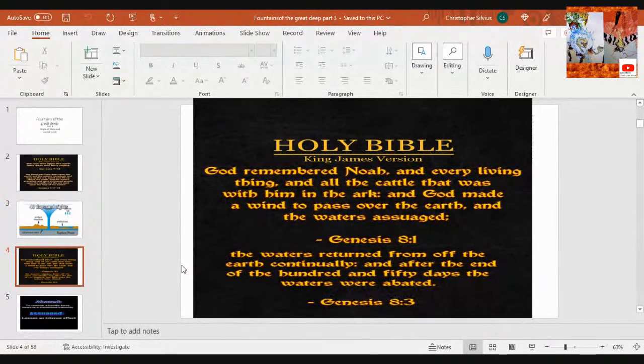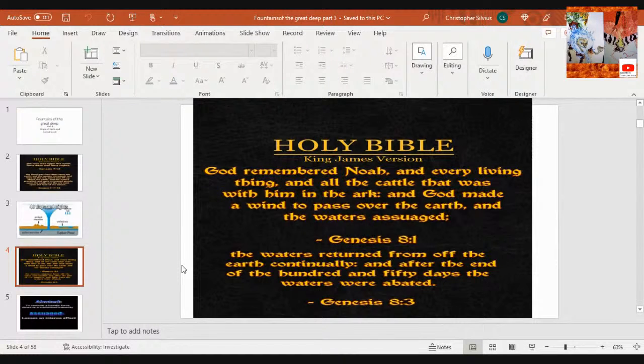It says God remembered Noah and every living thing and all the cattle that was with him in the ark, and God made a wind to pass over the earth, and the waters assuaged. The waters returned from off the face of the earth continually. After the end of 150 days, the waters were abated.